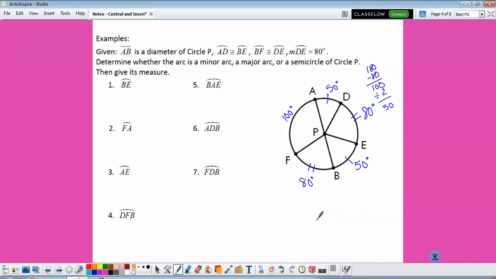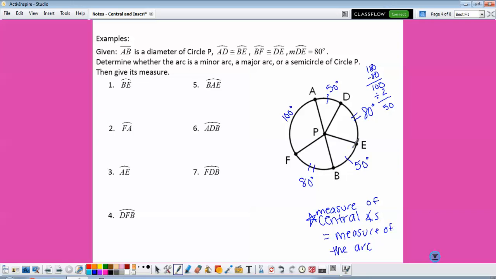Now, one thing I'm going to point out here, even though the question doesn't ask us for it, is that the measure of your central angles inside is equal to the measure of the arc.